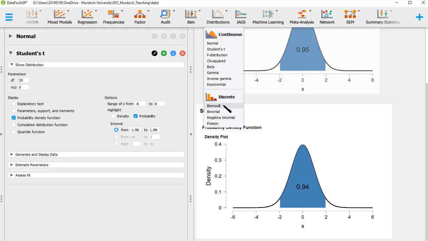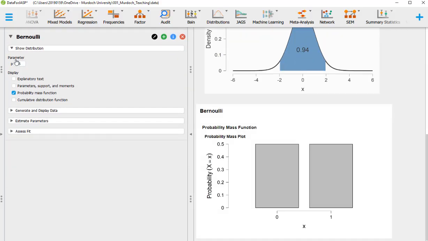The Bernoulli distribution has the parameter pi, or p, in this case 0.5, which is the probability of success. Here we see this distribution. This is a probability mass function because it's a discrete value, and the probability of failure, or 0, is 0.5, and the probability of success, or 1, is 0.5.